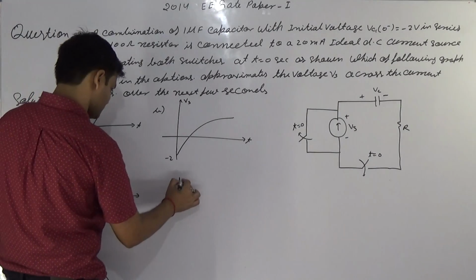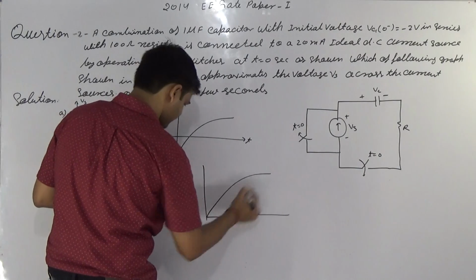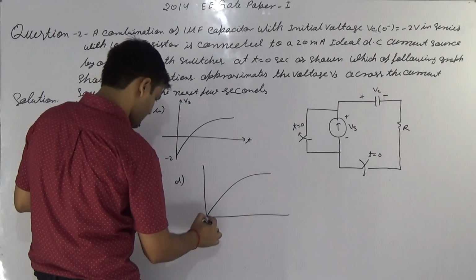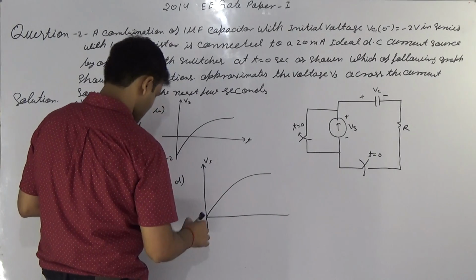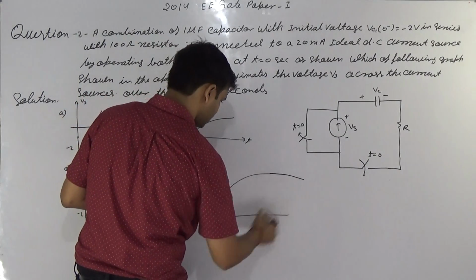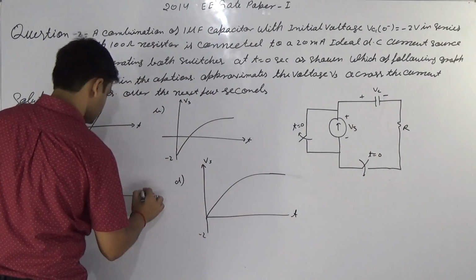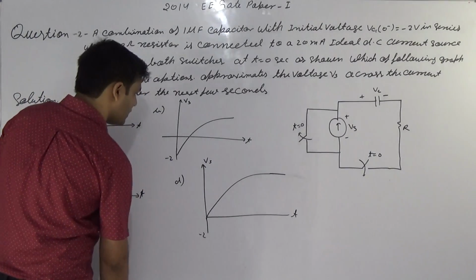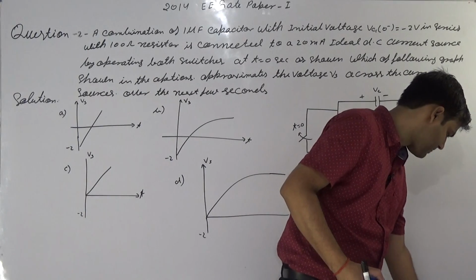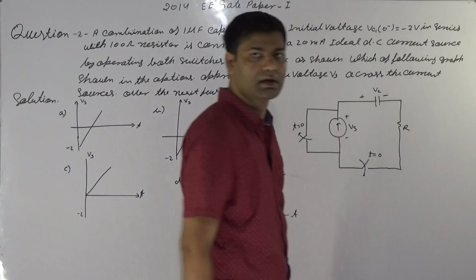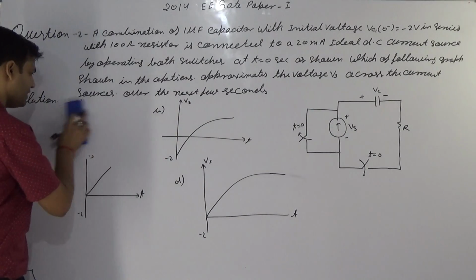And the last one looks like this one: minus 2, Vs, t. Which one is correct? Question is clear.